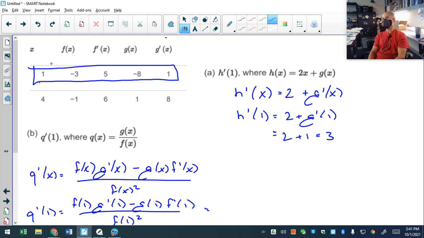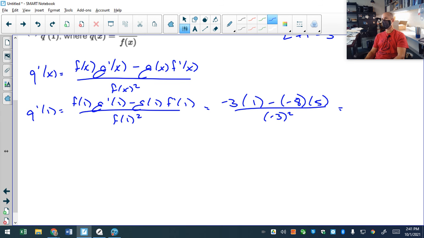So when x is 1, f is negative 3. G prime is 1. G of 1 is negative 8. F prime of 1 is 5. All over f of 1, which is negative 3, squared. And then we just do the arithmetic. Negative 3 plus 40 over 9 is 37 over 9.